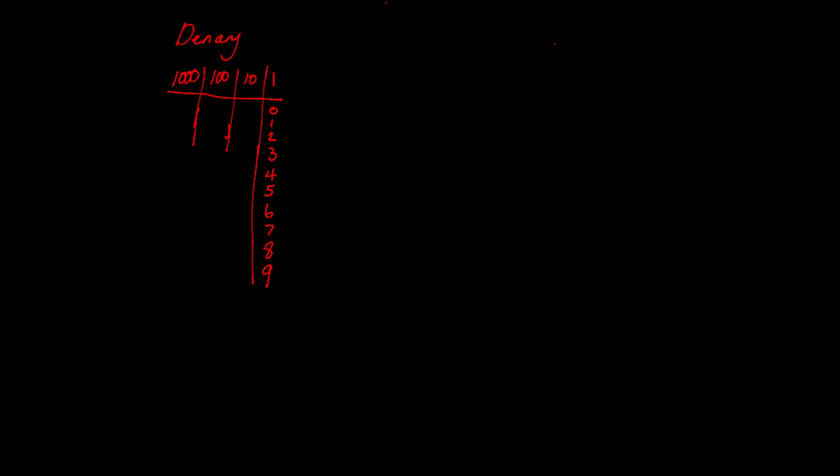When I get to 9, I've run out of digits that I can put in the place value for 1. So what I do is I put a 1 into the 10 and I put a 0. When I get to 19, I've again run out, so I put a 2 into there. When I carry on doing that and I get to 99, I put a 1 into the 100 column.